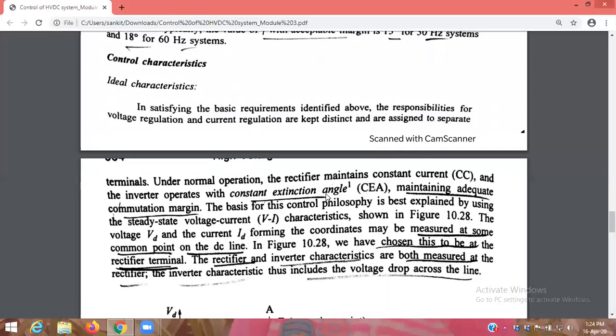That means we determine the rectifier characteristics and compare them with the inverter characteristics to find the operating condition, because to find an operating condition we need to match both the operating characteristics of rectifier and inverter. So we determine the rectifier terminal characteristics, and the inverter terminal characteristics not at the inverter terminal but at the rectifier terminal. Okay.